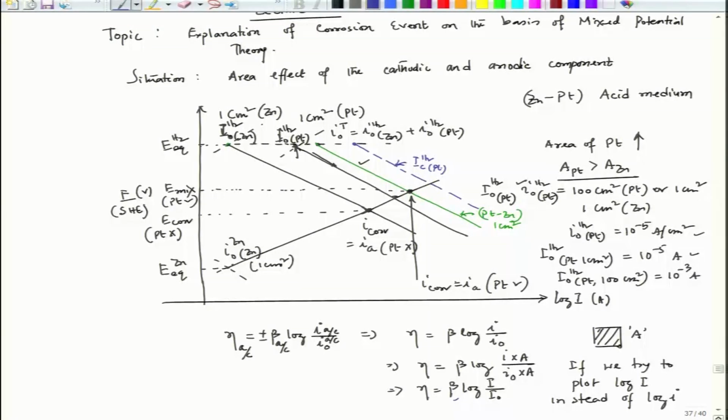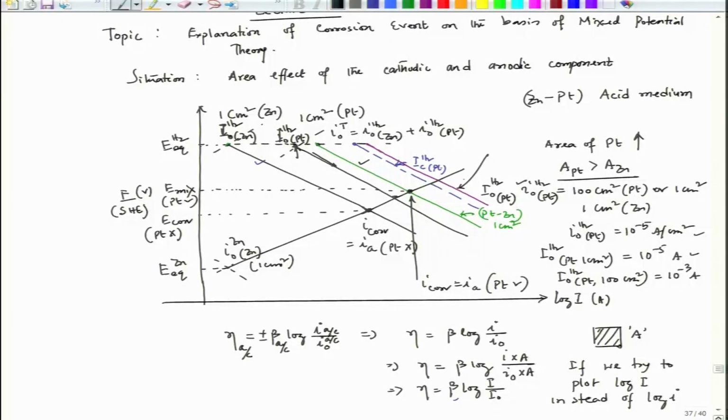Now, we have to add this current density also as per the mixed potential theory with this blue dotted line. So, if we add that, this addition will be this line, and this would extend definitely.